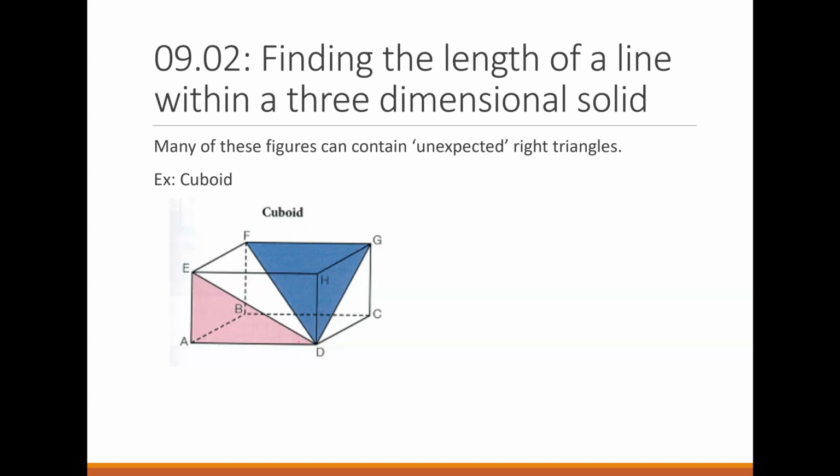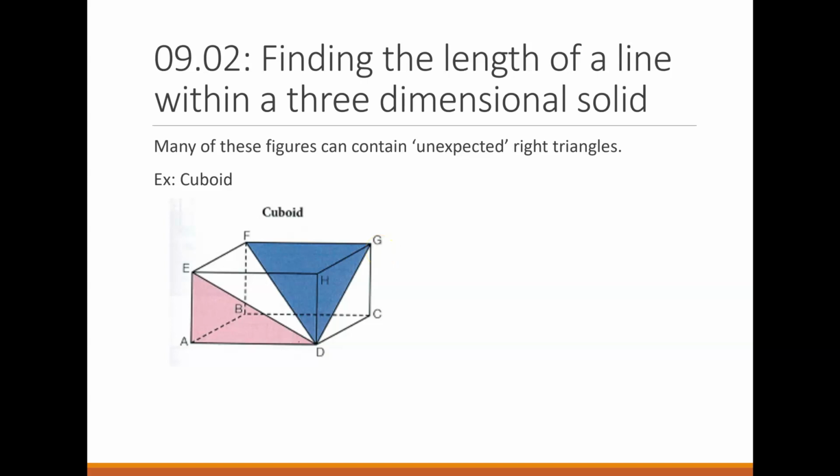How do I know that it is? Well, I know that the side FG is on the face at the top of the box, and the side GD is on the face on this side of the box, and I know those faces intersect at a right angle. So I know that angle G is a right angle.